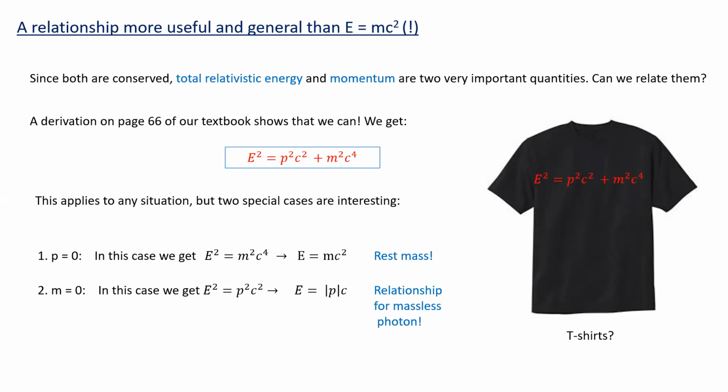We have defined the total relativistic energy as the kinetic energy plus the rest energy, which is E equals mc squared. And we've seen that the rest energy contains both smaller masses and the potential energy of interactions between them. And we've seen that we can relate the total relativistic energy and the momentum.